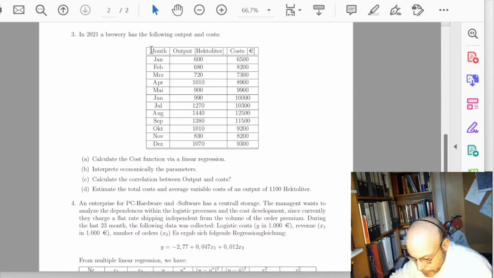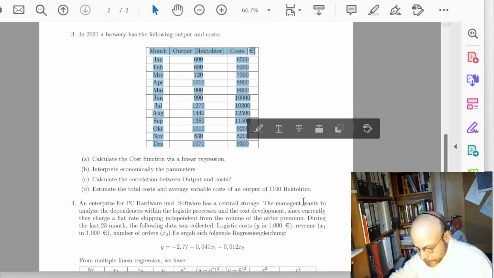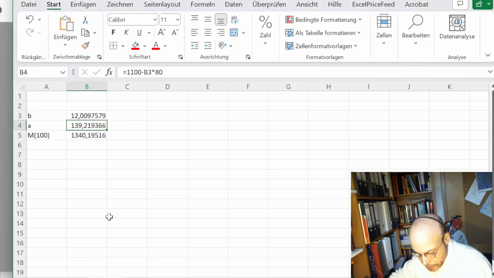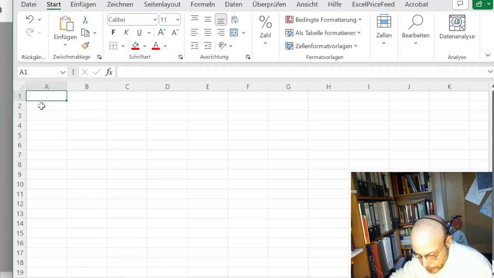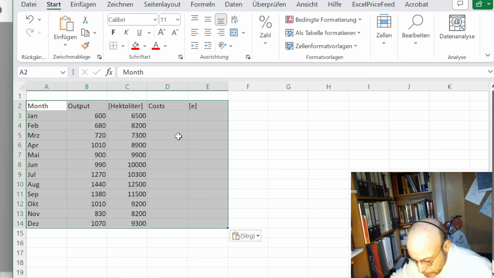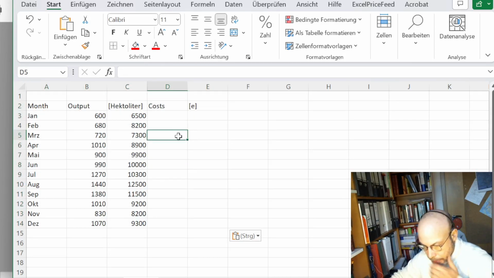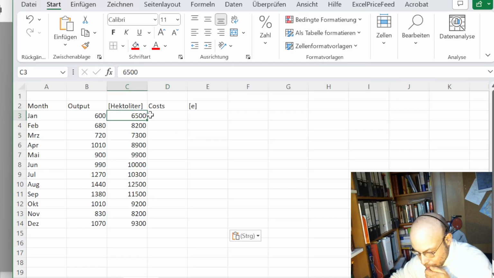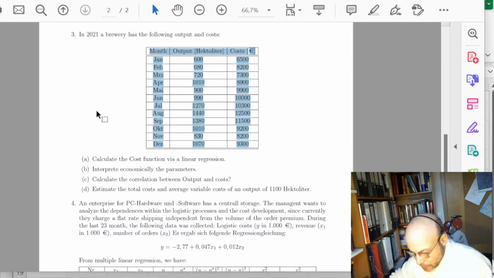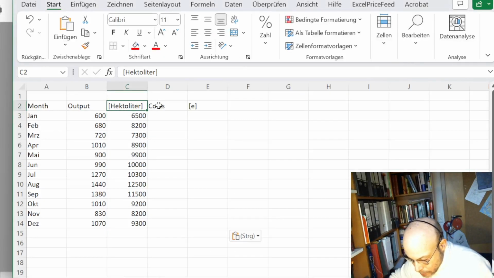So then we also take our data, put it into our Excel file, and this would be output, the first one, output, and this would be costs.